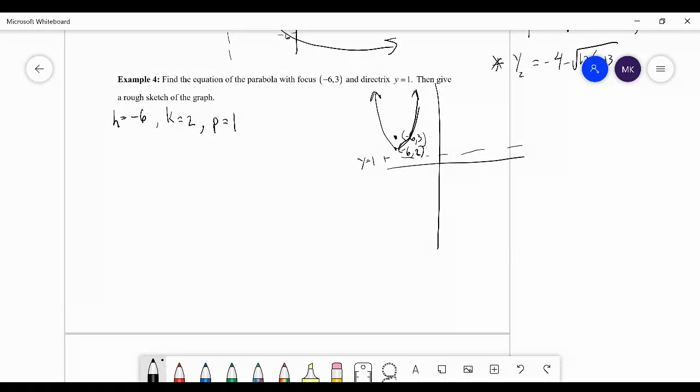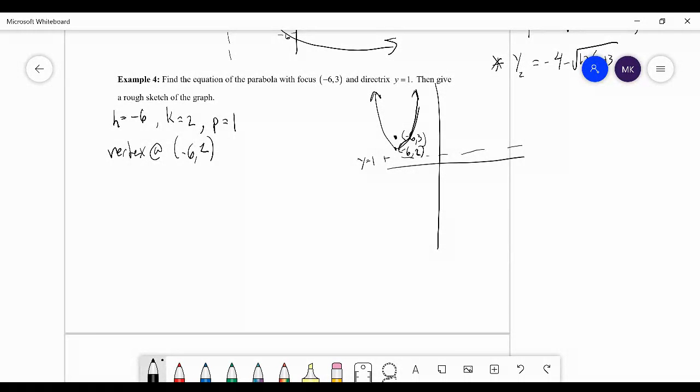The focus is always inside of the parabola, if that isn't something that you've made a connection with yet. So we have now identified our vertex. It's at the point -6, 2.